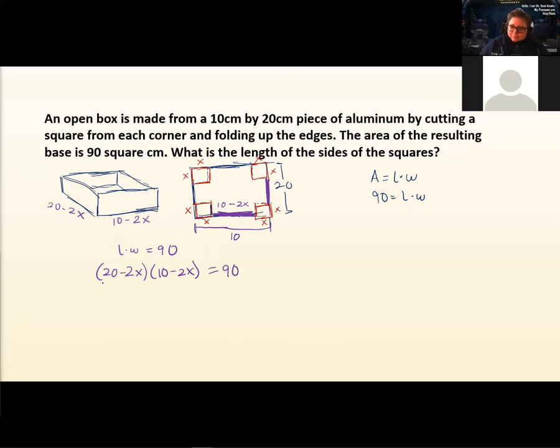So 20 times 10, 200. 20 times negative 2x, negative 40x. Negative 2x times 10, negative 20x. And negative 2x times negative 2x, 4x squared.